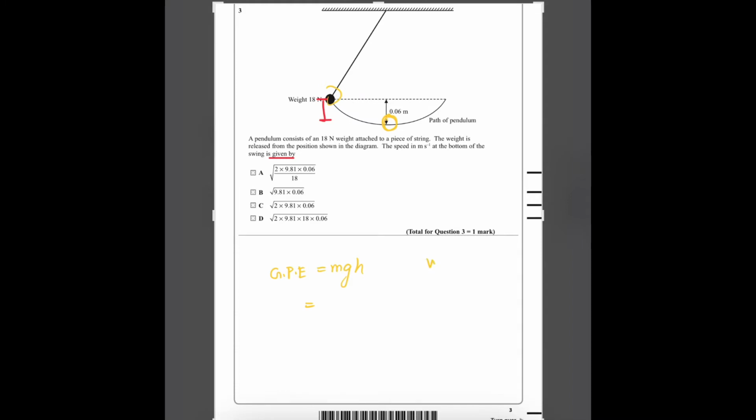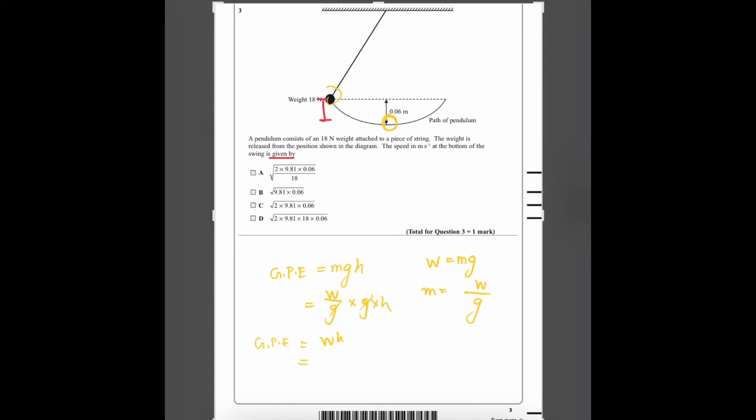So W equals mg, so mass is W by g. So W by g into g into h. These g cancel out, so the GPE is equal to weight into height.